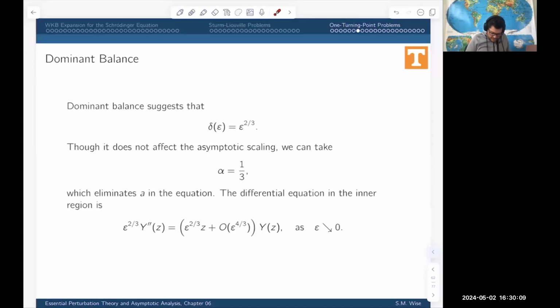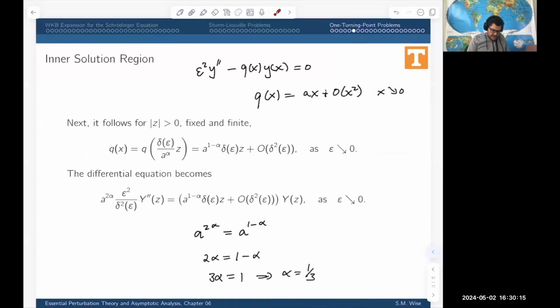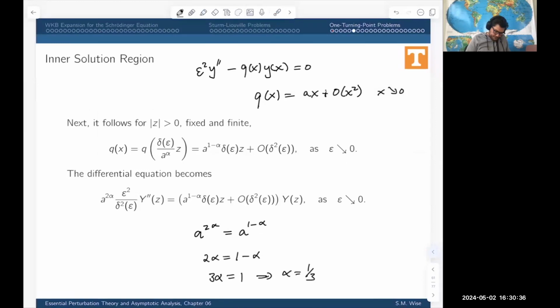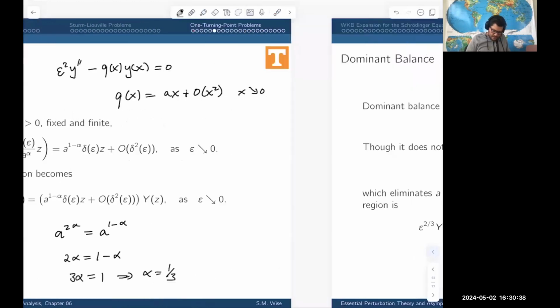All right, so this is the equation that I have. Let's check to make sure that my term is correct here. We know that that's an order delta squared. So we're checking to see if this term balances with this term. What do we get? That's epsilon squared over delta squared equal to delta.